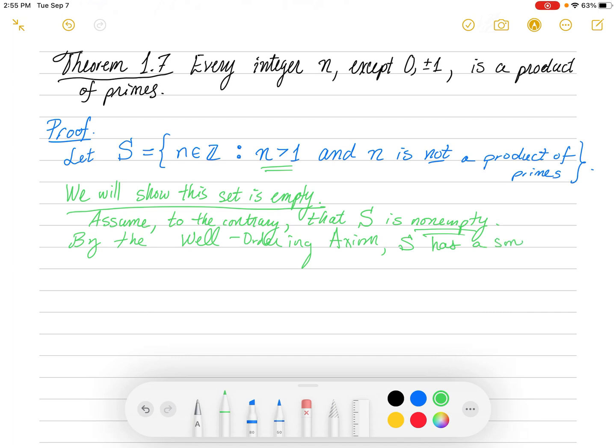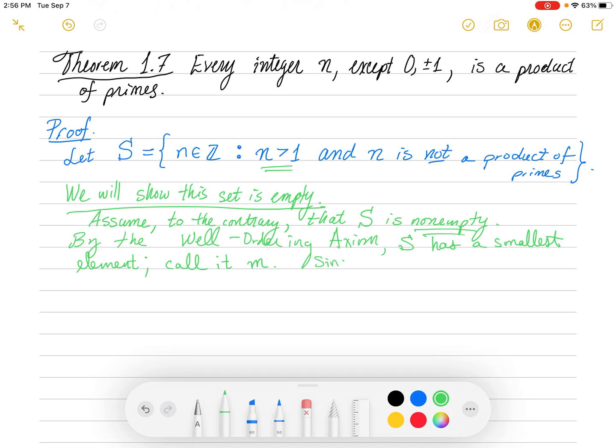Let's call that smallest element M. So M is bigger than 1, and it's not a product of primes.